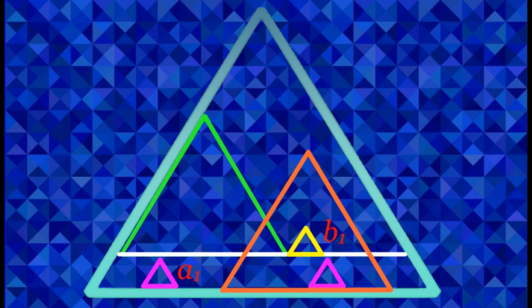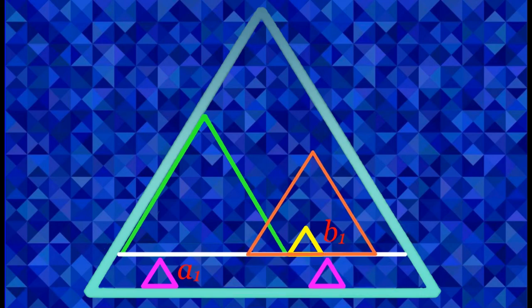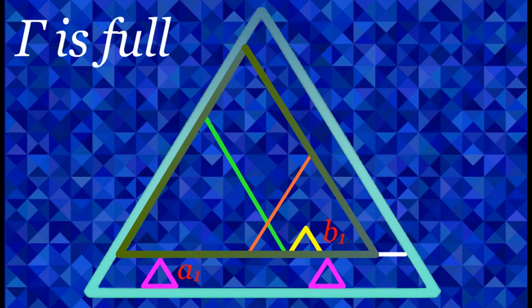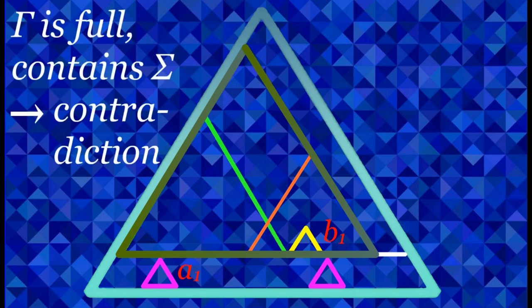If the base of P is on the line L, then we consider the triangle gamma, which is the smallest triangle which contains the triangles sigma and P. Since P and sigma are full triangles, it follows, by our lemma, that gamma is also a full triangle. But then, gamma is a full triangle on the line L, which contains sigma, which is a contradiction to our assumption that sigma is of maximal size.